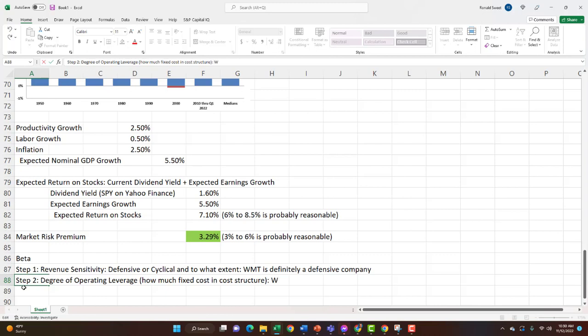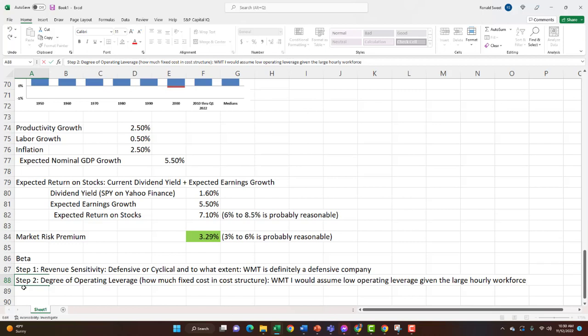So for Walmart, I would assume low operating leverage given the large hourly workforce, but put some subjective discussion in there. Do they have a lot of property, plant, and equipment? Do they have a large research and development? Do they have salary workers?